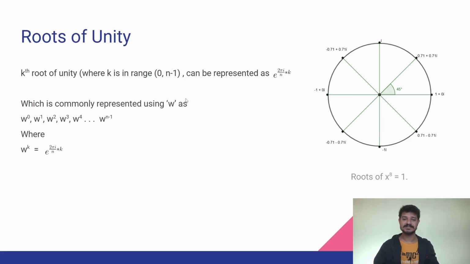And this is also represented using w, very commonly represented, right? So you can represent each of these numbers as w raised to the power 0, w to the power 1, 2, ..., to n minus 1, right? This is just another representation, nothing special here. Where w for k is simply e to the 2 pi i by n times k, right? Yeah, so this is another representation, because we are going to use the w representation a lot.